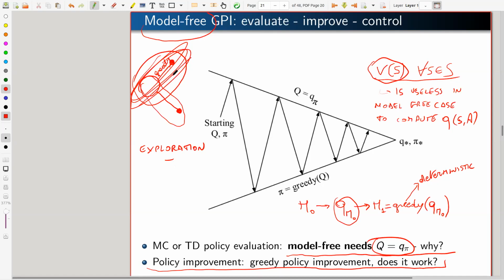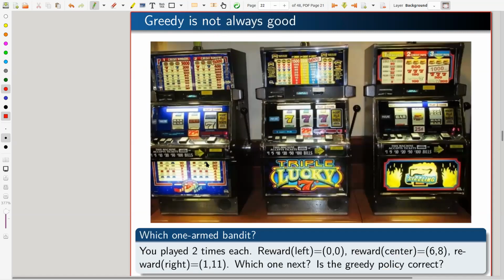When you choose the greedy action, it's because this action is the best action you can see up to this moment. Okay, so this is called exploitation. So there is a tension between exploration and exploitation in this kind of problem that is apparent in this example. This is what is called the multi-armed bandit problem.